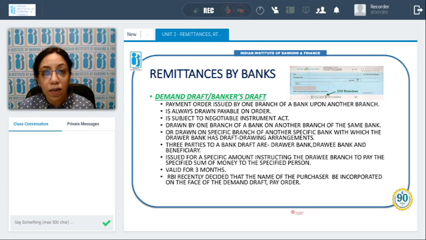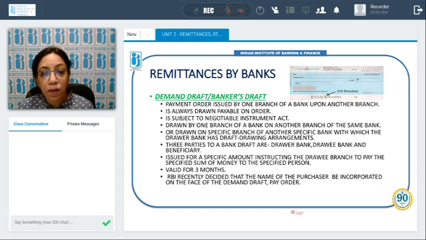It is subject to Negotiable Instrument Act. It is drawn by one branch of a bank on another branch of the same bank. It can be drawn on a specific branch of another specific bank with which the drawer bank has draft drawing arrangements. Usually it is drawn within the same bank.